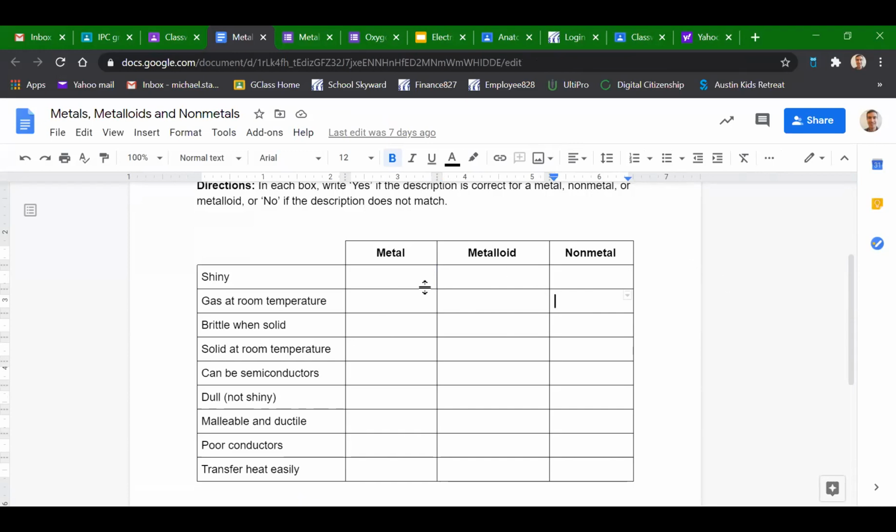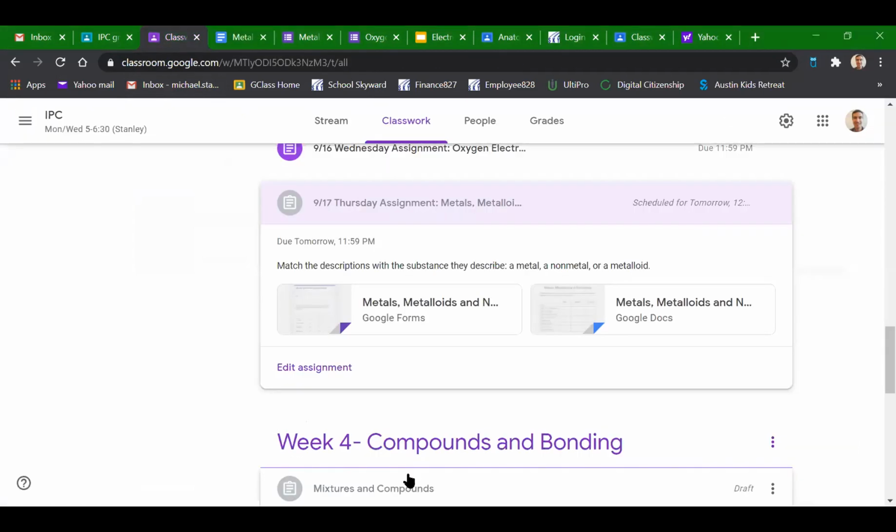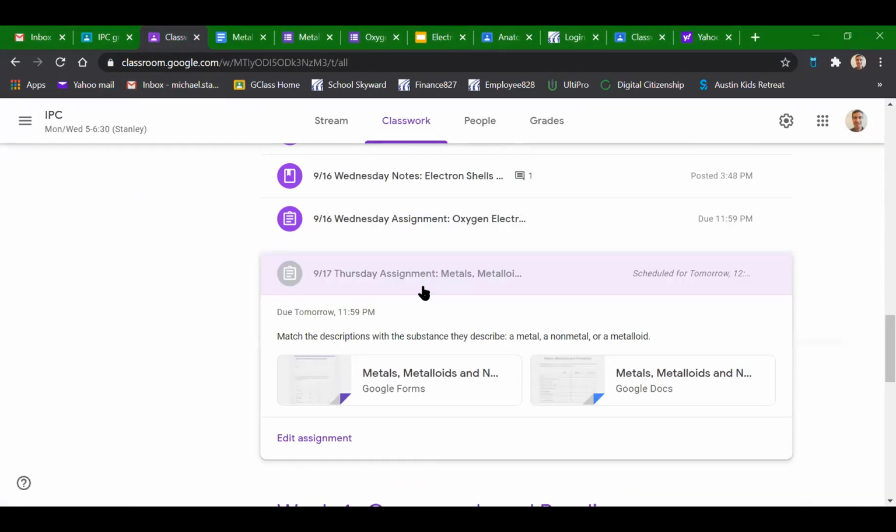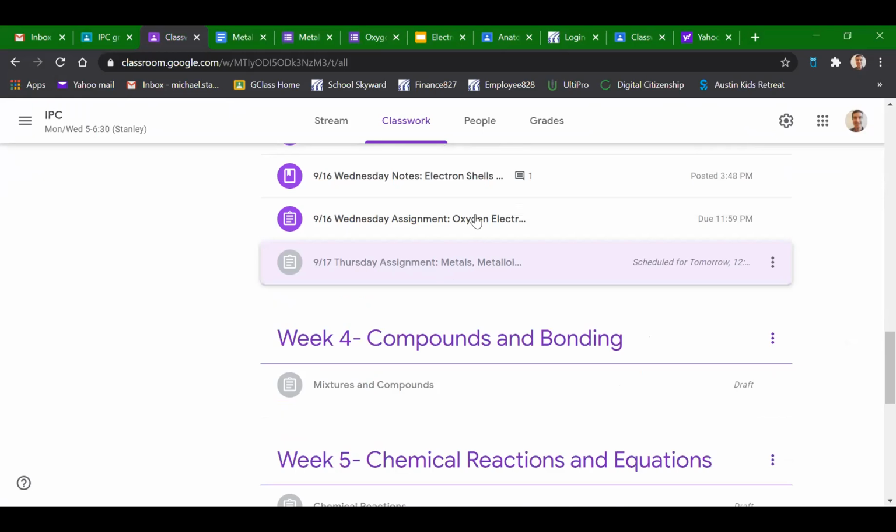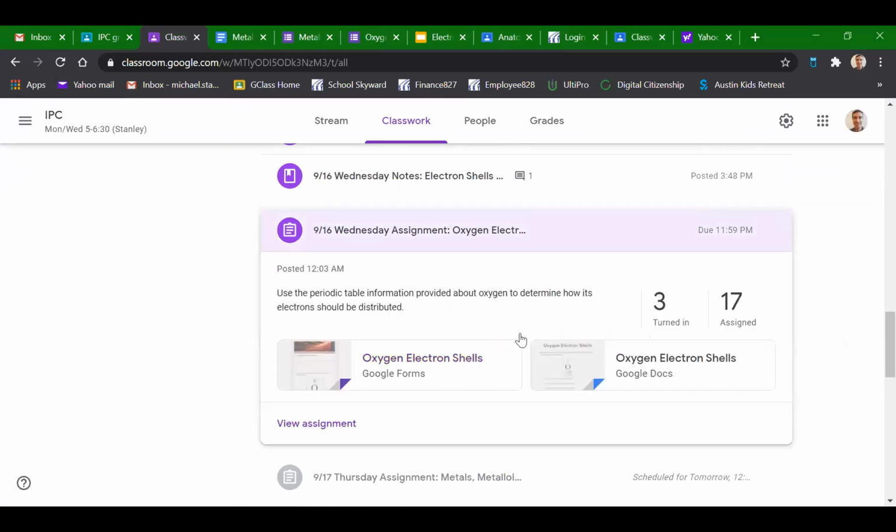So each line should look something like yes, yes, no, or no, no, yes, or no, yes, no, something like that. So whichever one of those ways works best for you, that will be the assignment that gets posted tomorrow. Today's assignment is the one with oxygen, figuring out protons, neutrons, electrons, and their shells.